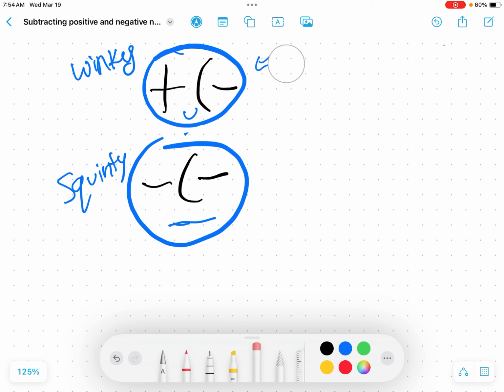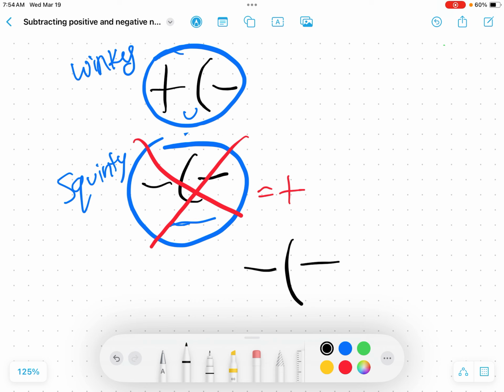Squinty face is very angry about life, has very negative outlooks on life. And when you get rid of Squinty face, it actually becomes a positive sign. So you can kind of see it with the 2 negatives and that parenthesis next to each other.